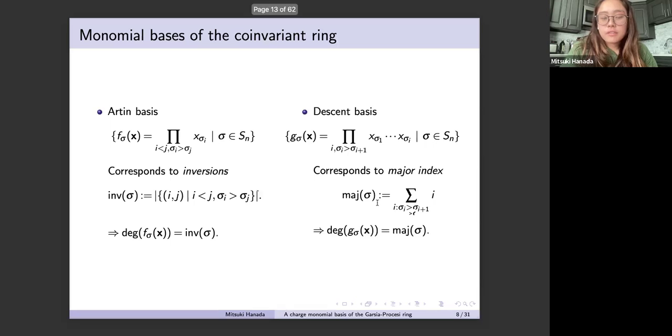So if you look at the monomial indexed by sigma, the degree of that monomial is going to be the major index of that permutation. So we have two different monomial bases, both indexed by permutations, and both correspond nicely to certain permutation statistics. And when I say correspond, I mean the degree corresponds to that permutation statistic.